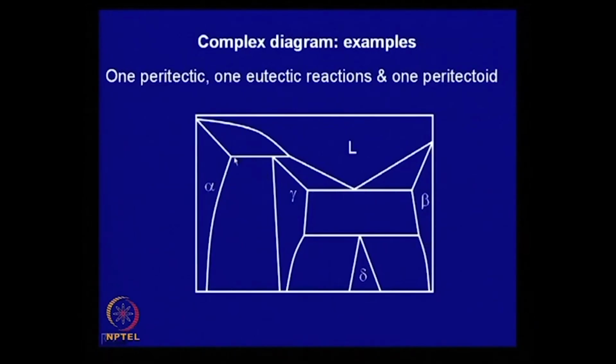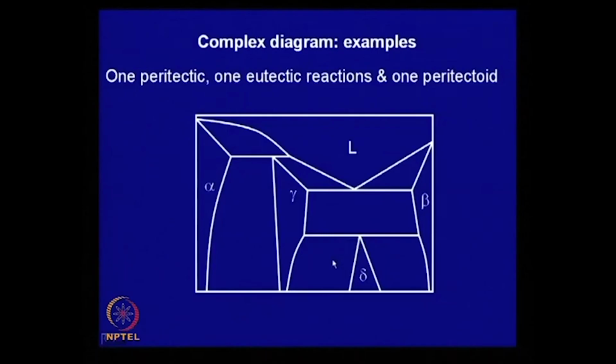And you have 3 invariant reactions. This is peritectic, where alpha reacts with liquid giving gamma. This is eutectic, where liquid of this composition dissociates into 2 solids, gamma and beta, and this is peritectoid, where 2 solids, gamma of this composition and beta of this composition, react together to give you delta of this composition.